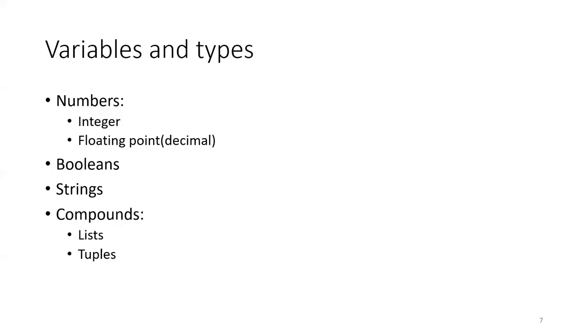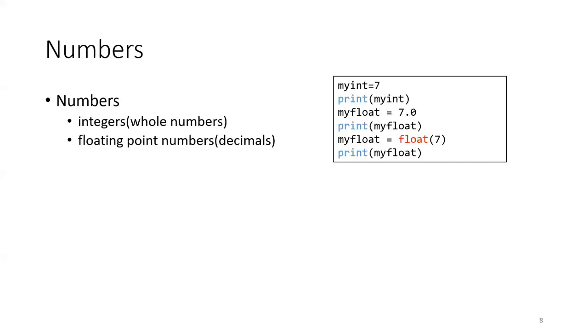And we can have compound variables, meaning that they are composed of several items. In Python, lists and tuples are very popular. We will see them one by one. And we will see how we can convert from one data type to another. So let's start with numbers.